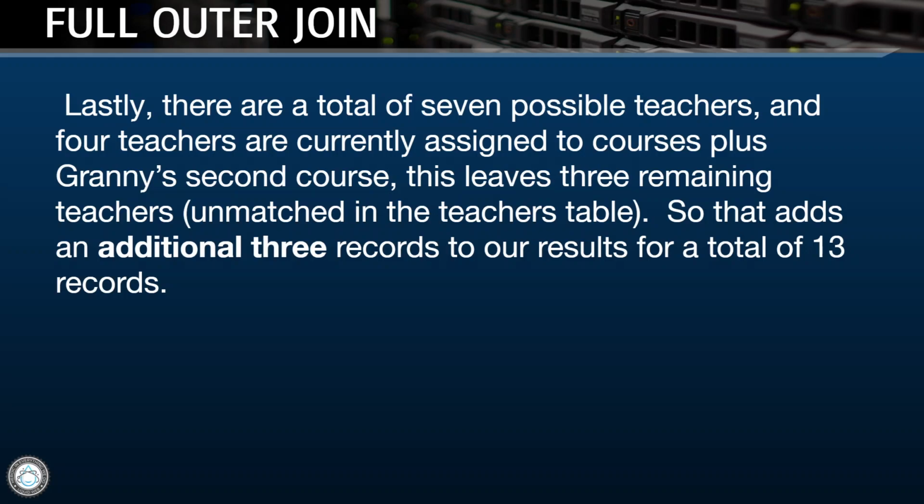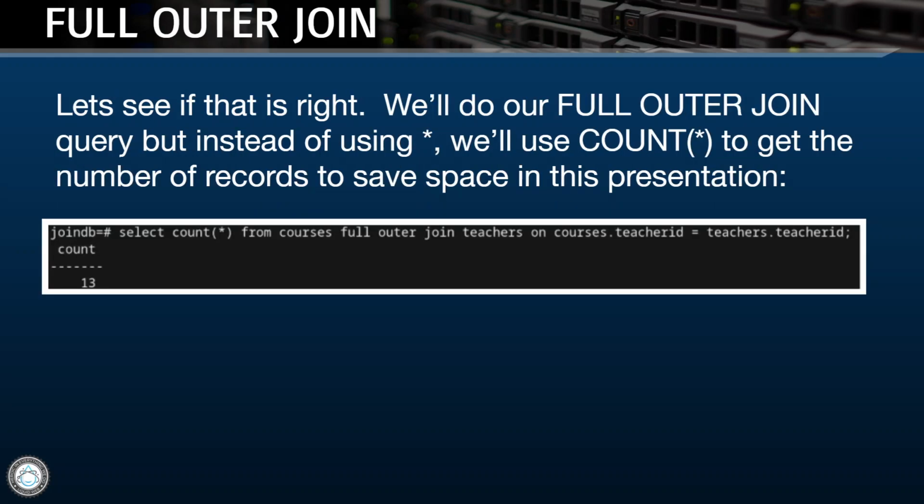And also, earlier when we were doing our queries, we know that there are 3 teachers that are not assigned to courses. So here's 3 more unmatched ones that don't have courses. So now we can add another 3 to our results, and we should expect to find 13 records if we do our full outer join.